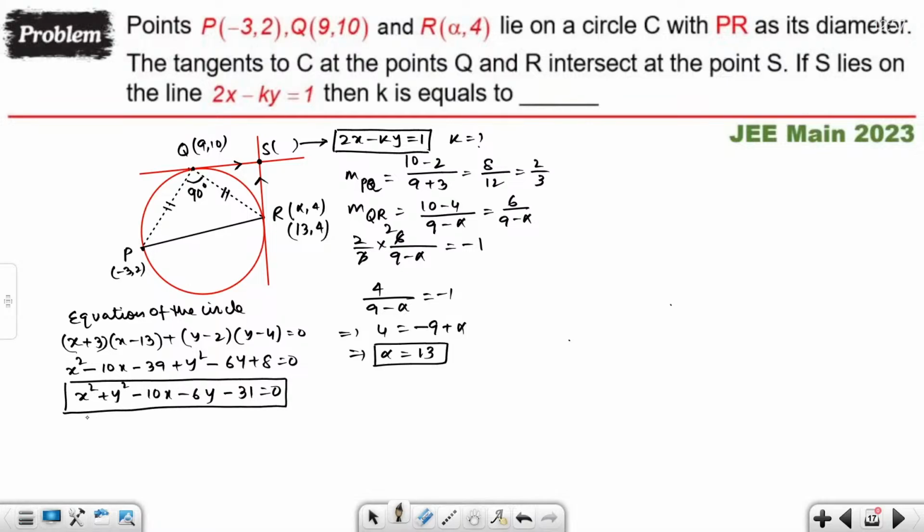So what will be the equation of the tangent QS?